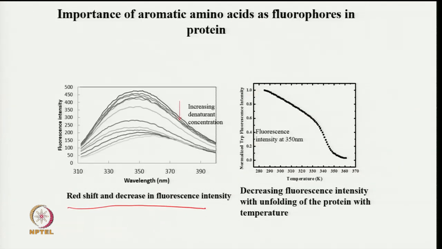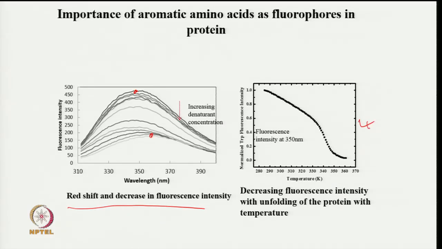So, there is a red shift and decrease in fluorescence intensity when I add a denaturant or when I unfold a protein. You can see lambda max is here when you have a high amount of denaturant, whereas lambda max is here. So, there is a red shift, and again when you look at fluorescence intensity, there is a decrease.